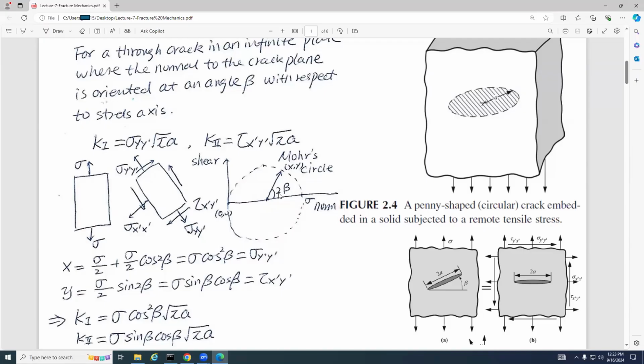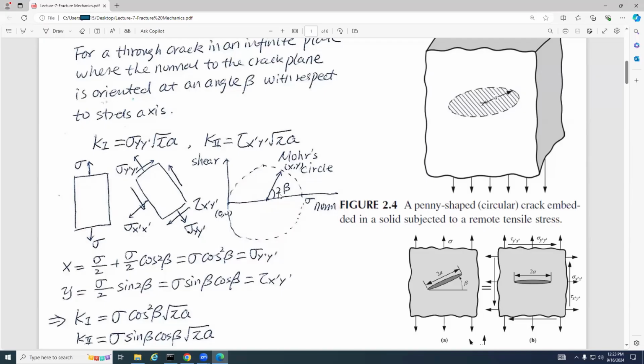And tau x prime y prime in this direction is a shear, right? For mode 2, we have this equation. So we have K1 equals sigma root pi a, and K2 equals sigma sine beta cosine beta root pi a. So this is the first mode, this is the second mode.